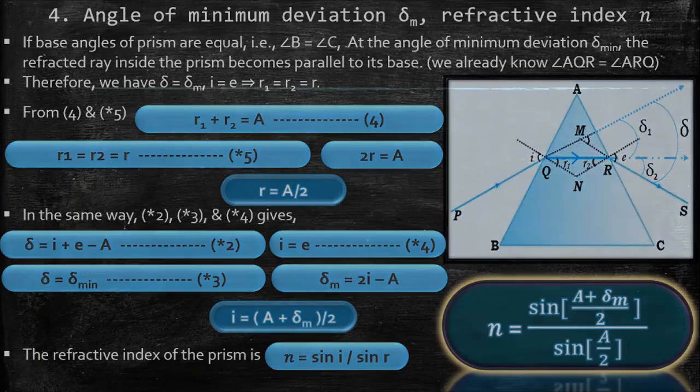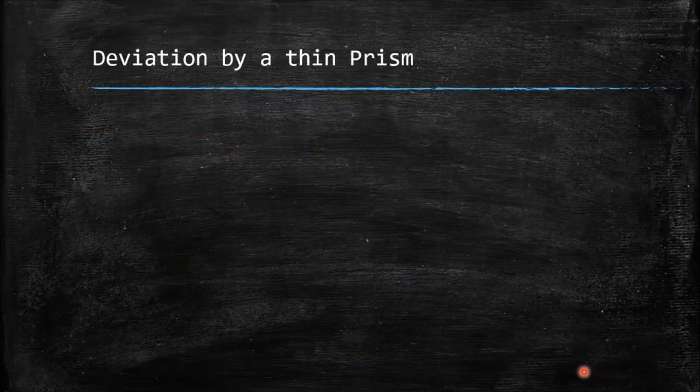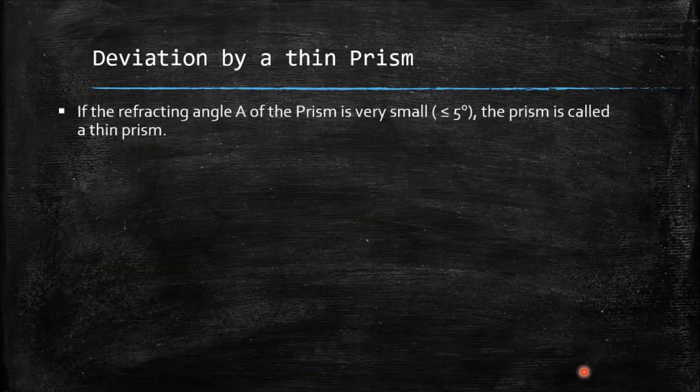And let us now look at one small condition, that is deviation by a thin prism. Now what exactly is a thin prism? Well, suppose the refracting angle A of the prism is very small, that is, it is less than or equal to 5 degrees, the prism is called a thin prism. Well, we can obviously use an approximation then.